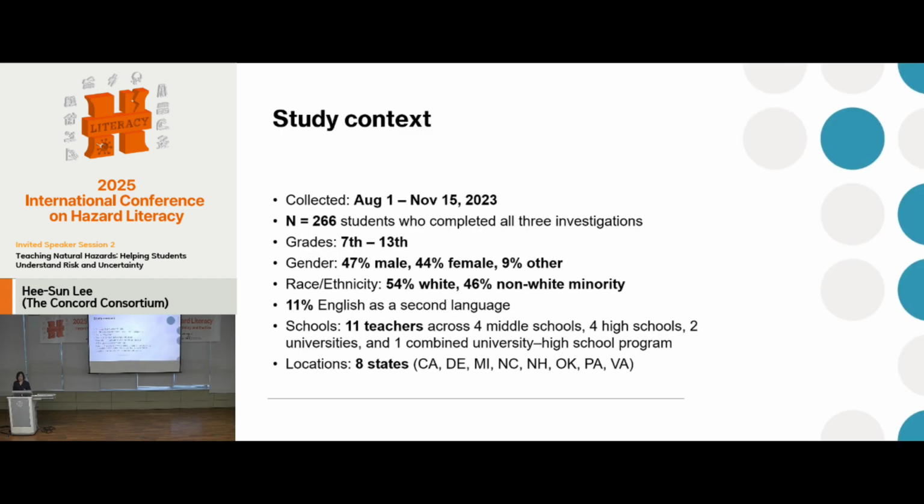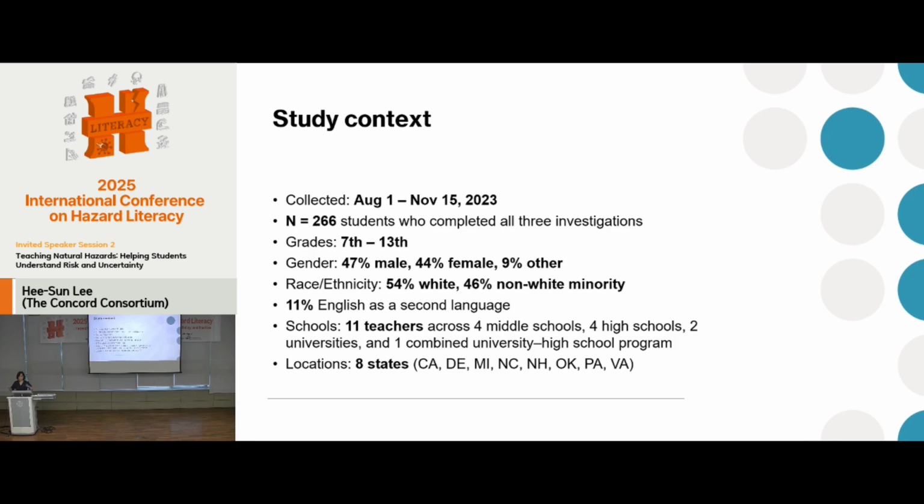So we actually put this curriculum out there, and we collected data naturally because people adopt it and they can use it anytime they want. So the results I'm going to show were collected August 1st through November 15, 2023, from 266 students, grades 7 through 13, and from 11 teachers from 8 states.